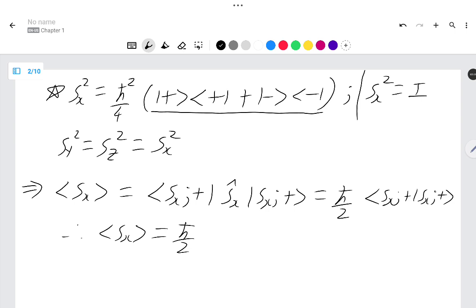Then we need to find the expectation value of Sx square.